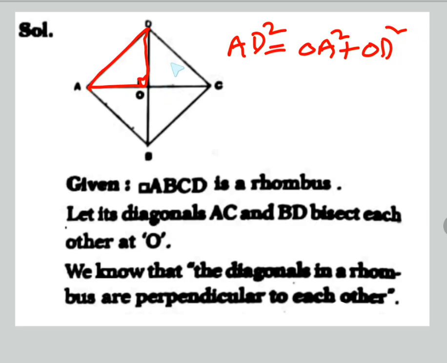Pythagoras theorem applied here: AD square is equal to OA square plus OD square.